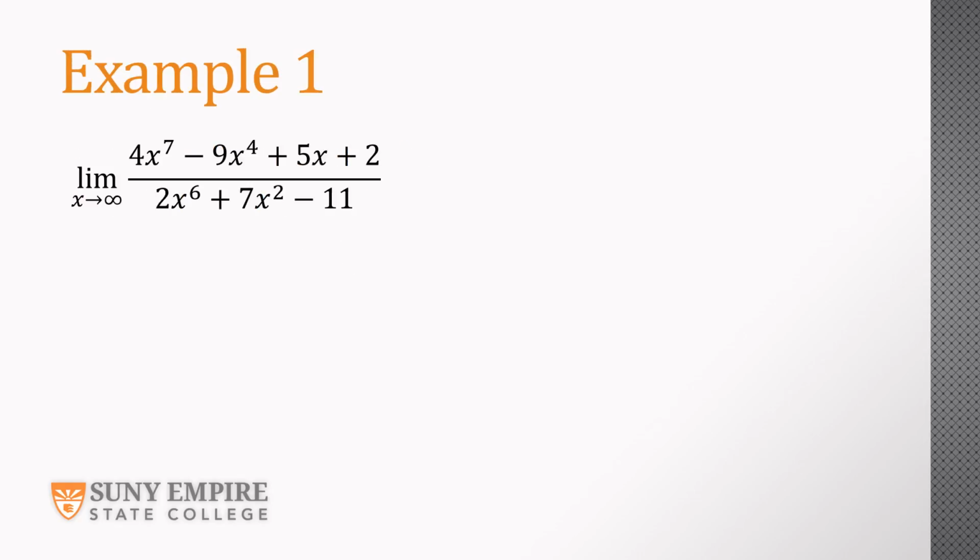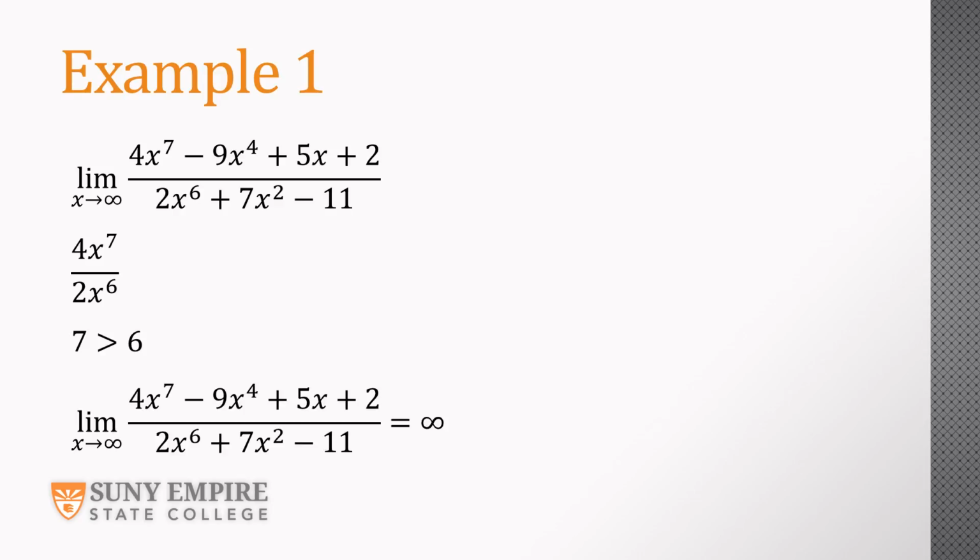Suppose we want to find the limit as x approaches infinity for the quantity 4x to the 7th minus 9x to the 4th plus 5x plus 2 divided by the quantity 2x to the 6th plus 7x squared minus 11. We focus on the leading terms for the numerator and denominator, or 4x to the 7th and 2x to the 6th. 7 is greater than 6.